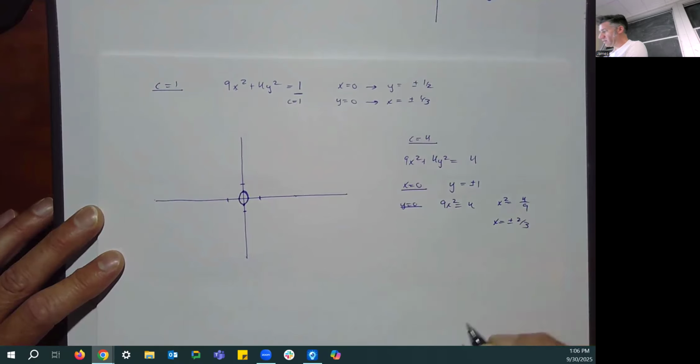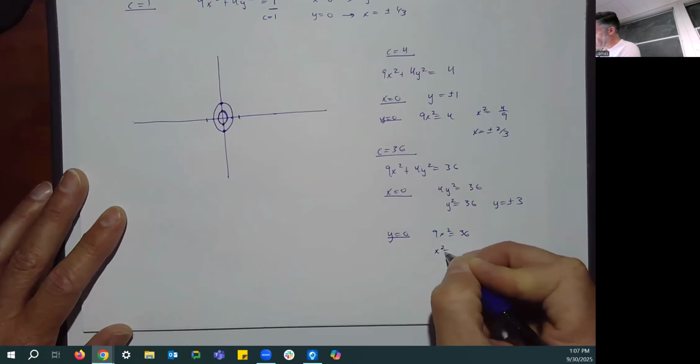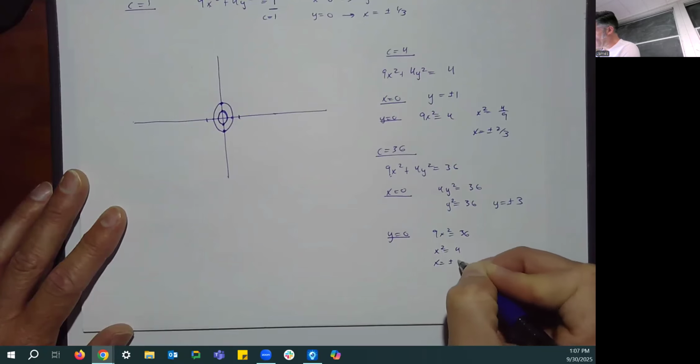If I set x equal to 0, I'm going to get 4y squared equal to 36, y squared equal to 9, y equal to plus or minus 3. Similarly, if we set y equal to 0, we're going to get 9x squared equal to 36, x squared equal to 4, x equal to plus or minus 2.